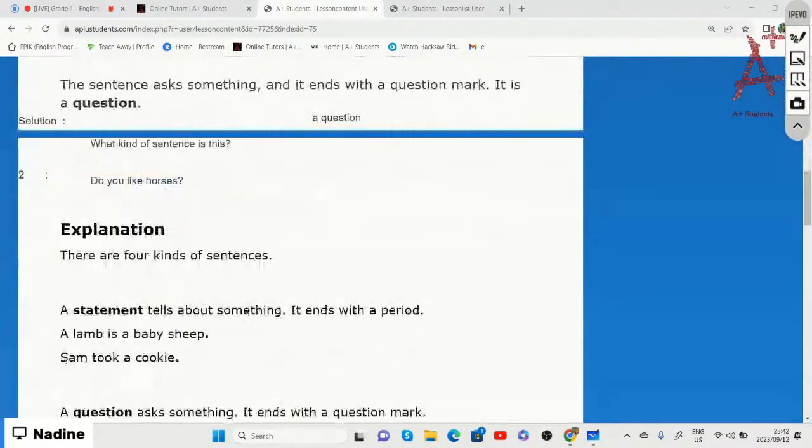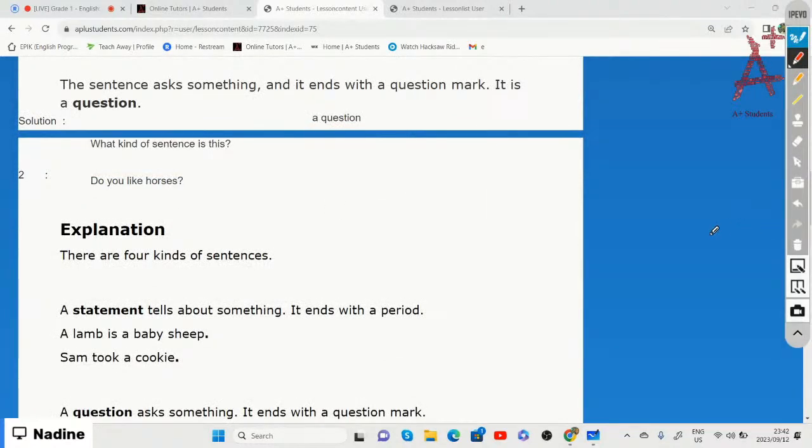Do you like horses? It ends with a question mark. Is that a statement, a question, an exclamation, or a command? We need to say what kind of sentence it is.